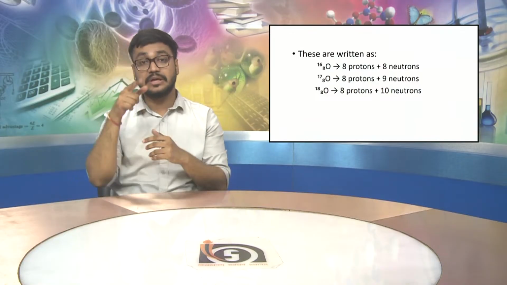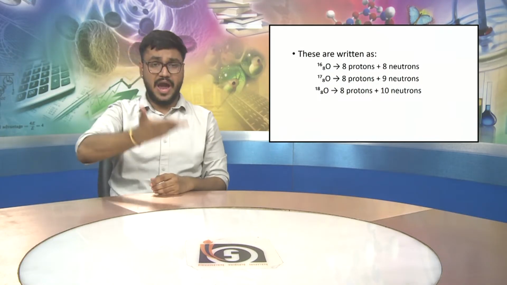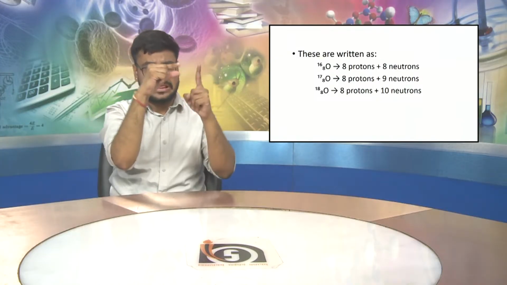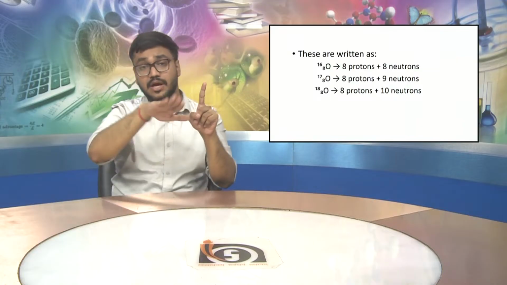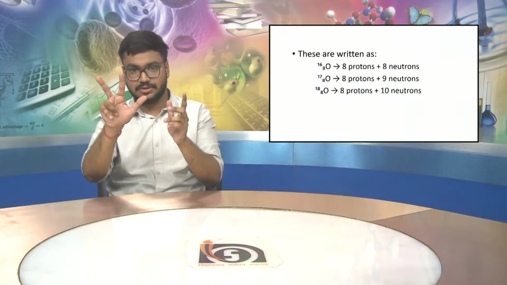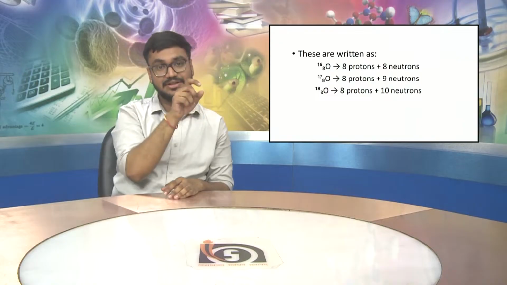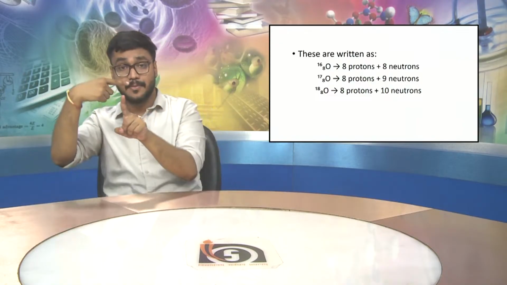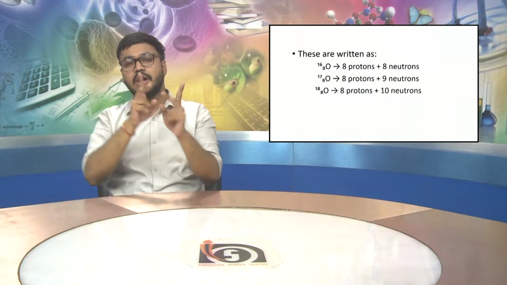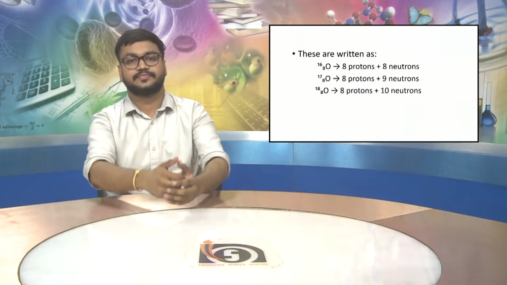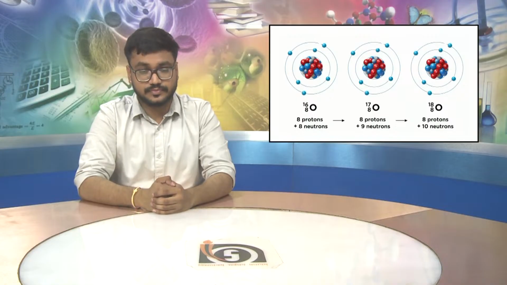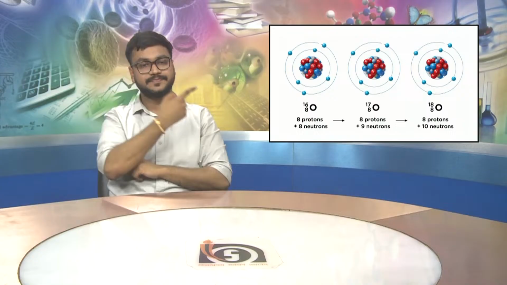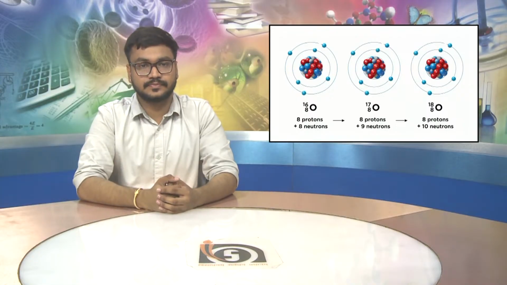These are the written forms of those oxygen atoms: oxygen with 8 protons and 8 neutrons, then oxygen with 8 protons and 9 neutrons, then oxygen with 8 protons and 10 neutrons. There is a visual explanation of it.